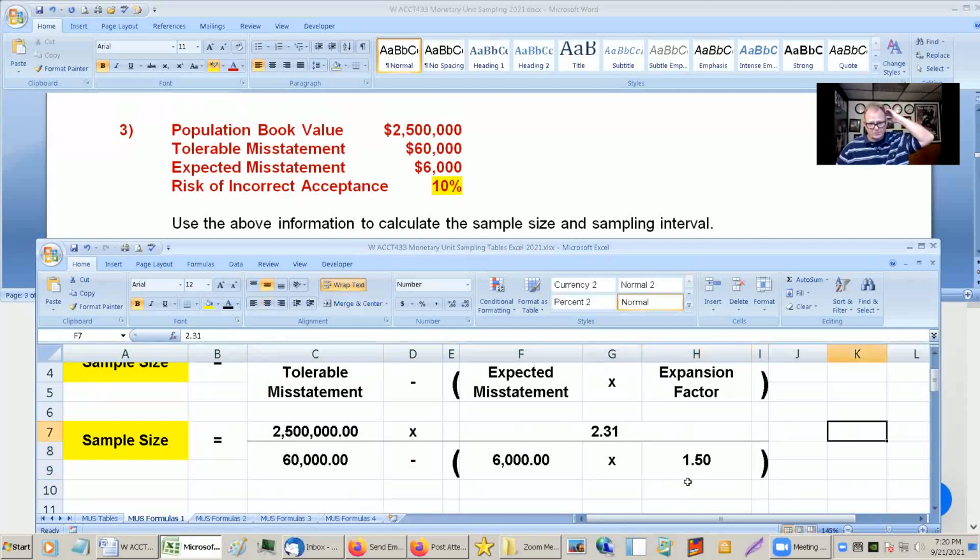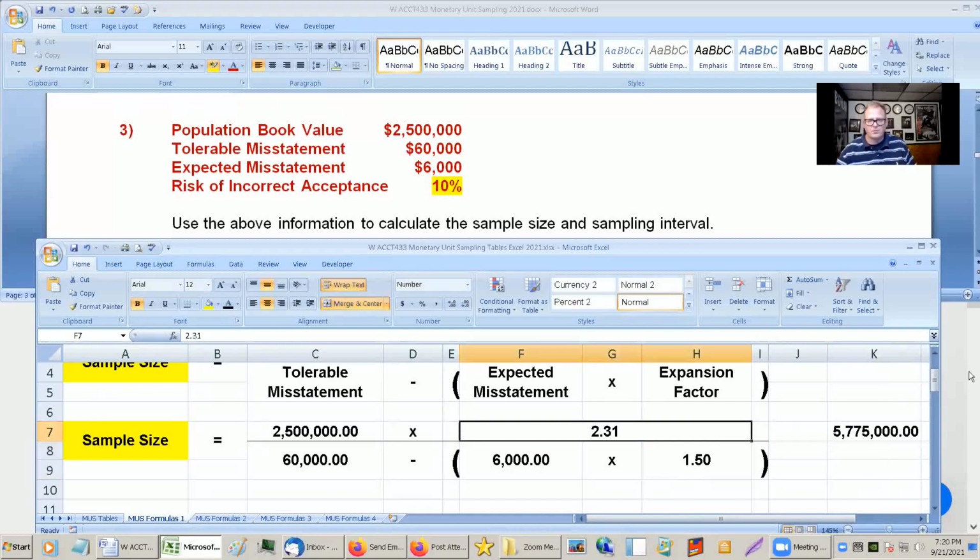So I'm going to do it over here. The top one equals that. The bottom one, probably easiest to do that first. 6,000 times 1.5. Is that right?